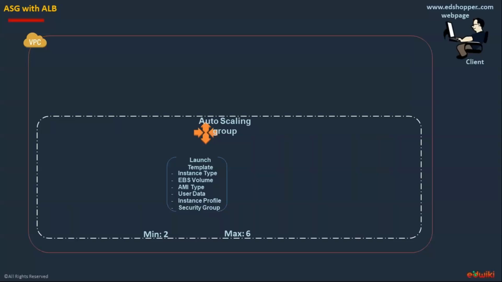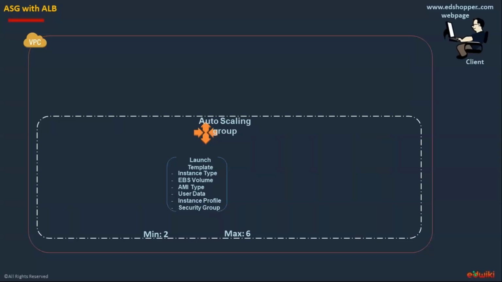Now a question for you again, can I keep the minimum as 0? You can. If you say minimum is 0, the moment you create the auto scaling group, it will not create any server. Yes, we can keep it. The only thing is, it will not create a server for you because you said minimum is 0.